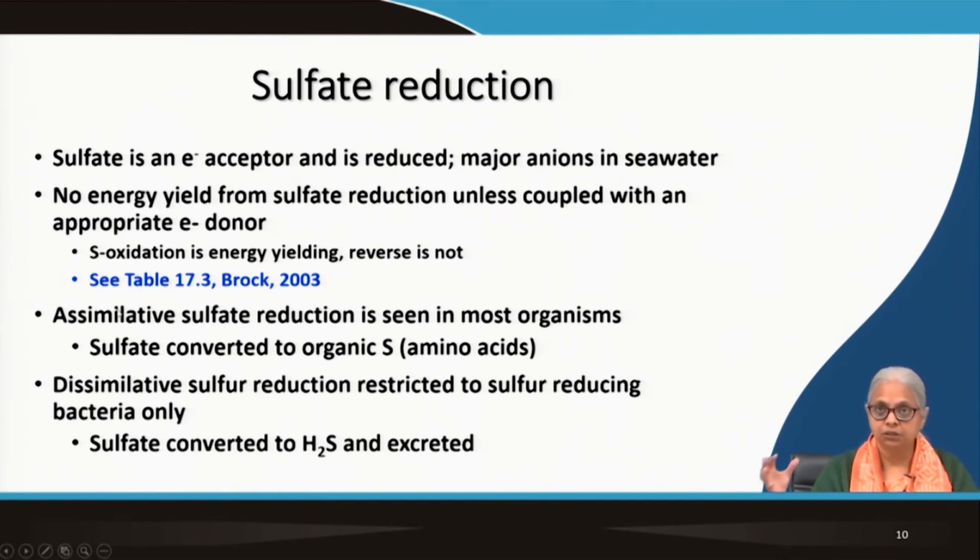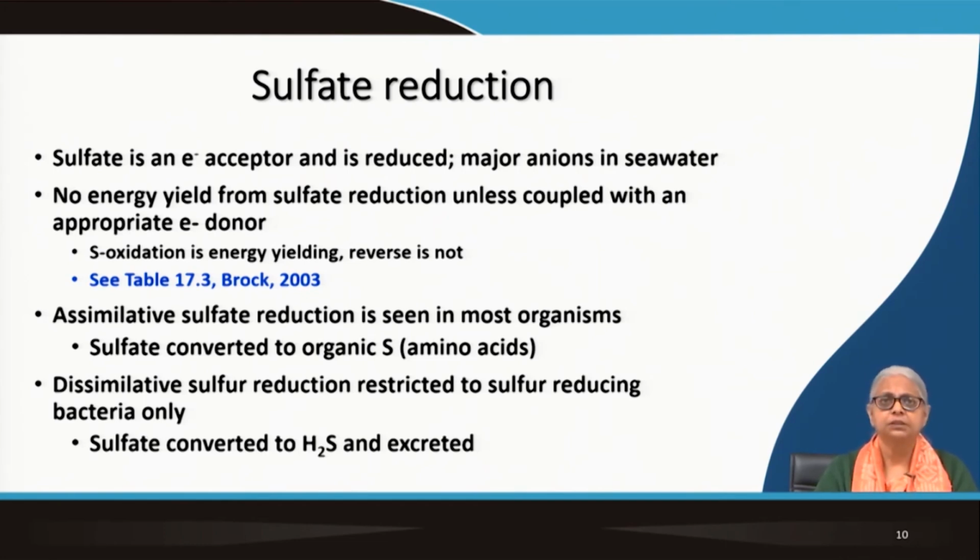So assimilation into the organic biomass of the organism is what we call assimilative sulfate reduction, and that is common in almost all organisms, whether they are microorganisms or higher organisms. This sulfate is converted to organic sulfur, and you know that organic sulfur is present in at least two amino acids, yes, cysteine and methionine.